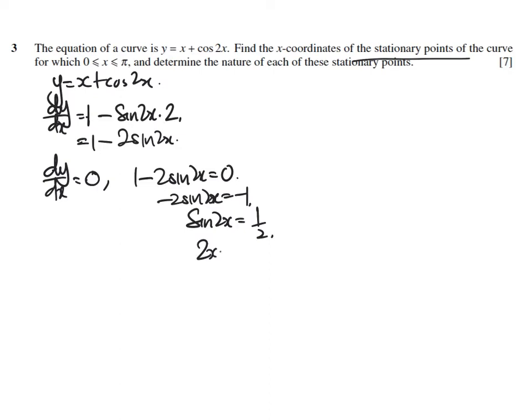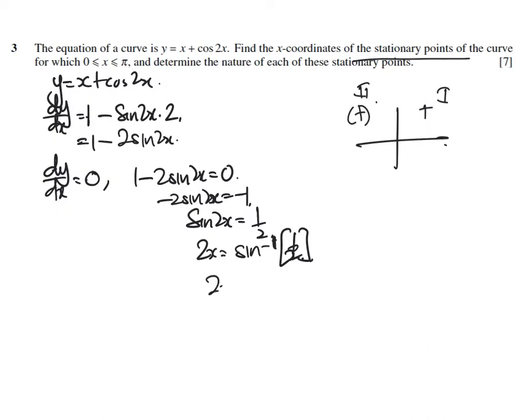And 2x equals inverse sine of a half. Inverse sine of a half, you have the positive first quadrant and the positive second quadrant. So 2x equals, in the first quadrant, 30 degrees, which is pi over 6, and in the second quadrant 150 degrees, which is 5 pi over 6.